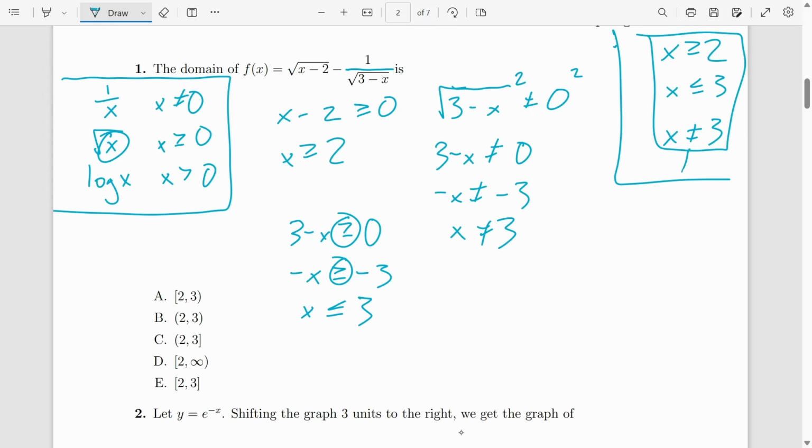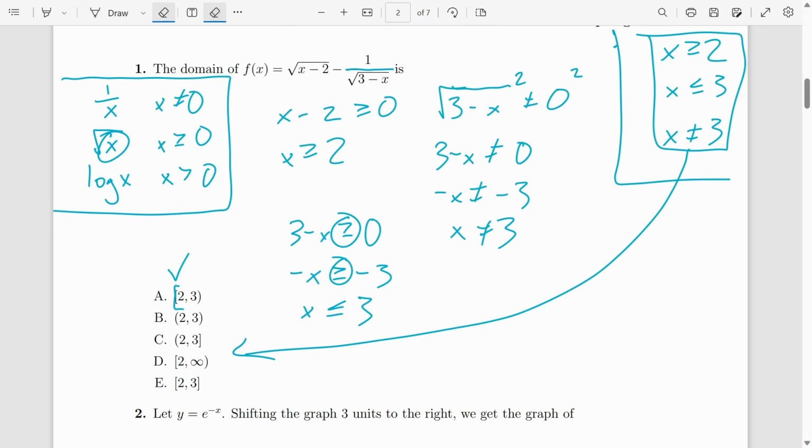We just need to put it in the proper domain notation form. So how do we interpret this? Basically, what each of these means: if we see a bracket here, it means it does include the 2. So if x equals 2 in the function, what A is saying is that it's okay.